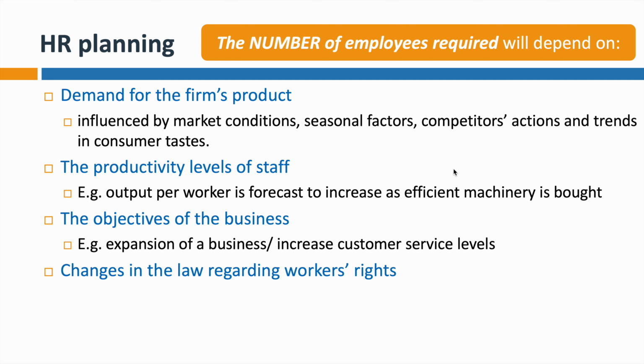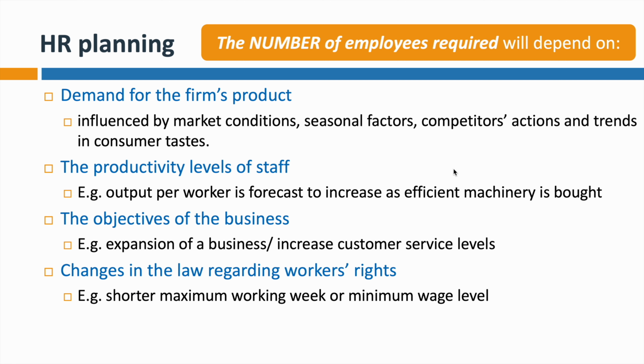Also, changes in the law regarding workers' rights are going to affect the number of employees. So, for example, if there is a law that limits the amount of hours per week that you can work, the maximum working week, or a law which affects the minimum wage level, this is also going to affect the number of employees that we need.